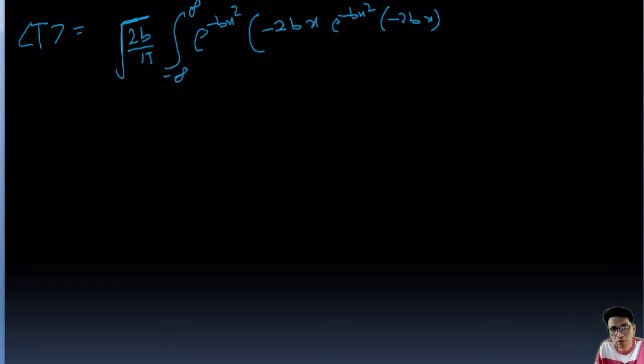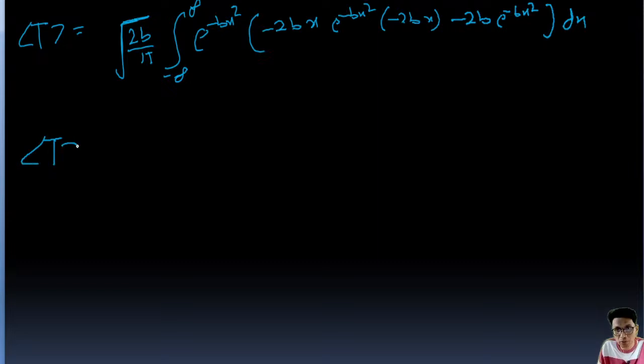minus 2b, e to the power minus bx square will remain here, and integration of x is going to be this one, right? This is the x and this is going to be 1, and dx.